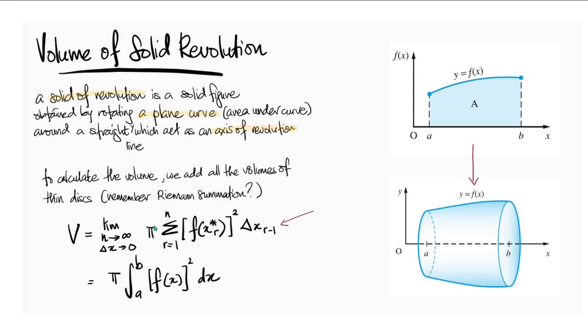This is the pi, this is the r squared, and this is the thickness of each disk, L. It's a summation, so n approaches infinity, which means the number of disks approaches infinity, and the thickness of each disk approaches 0.